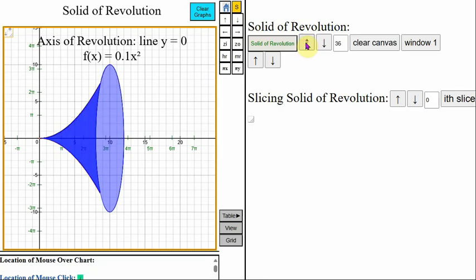And we have the solid revolution, and we want to find the volume of this solid revolution.